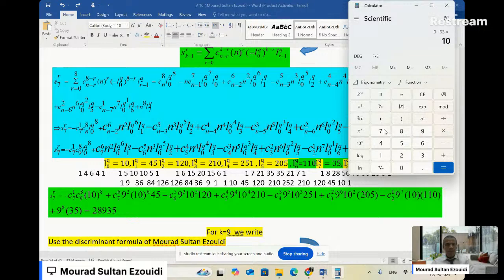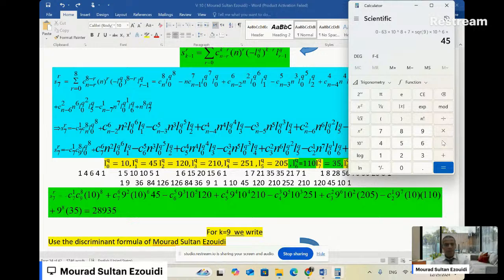Then raise it to the power 8, plus 7 multiplied by 9 squared, multiplied by 10 raised to the power 6, multiplied by 45.